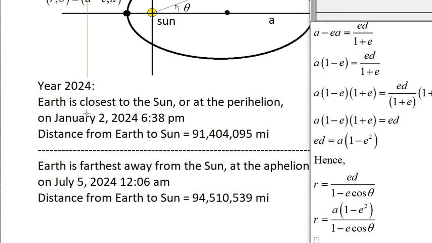For the Earth and the year 2024, Earth is closest to the Sun on January 2nd this year at 6:38 p.m. And that's when the distance from the Earth to the Sun is 91,404,095 miles.